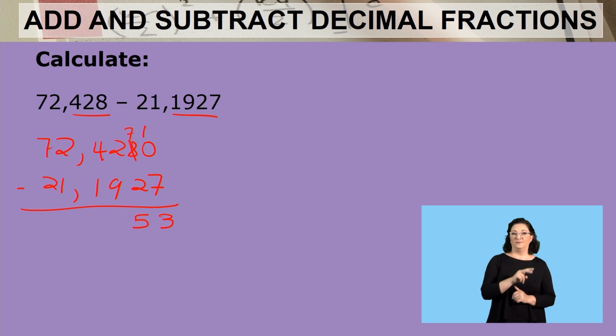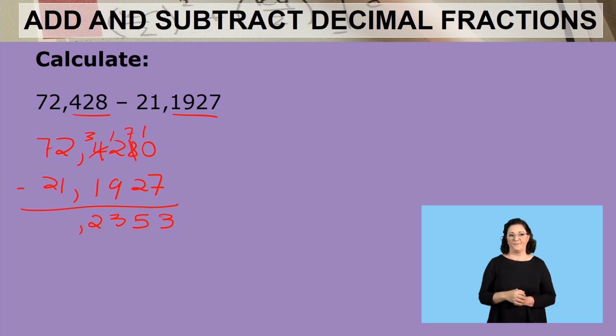Then we go and say 2 hundreds, subtract 9 hundreds. It can't be done. Then we must go and take from the previous digit. Now, if we take from the tens, we'll be left with 3 tens here, and we now have 12 hundreds. 12 hundreds, subtract 9 hundreds, which will, yes, give you 3 hundreds. Now we say 3 tens, subtract 1 ten, which will leave you with 2 tens.